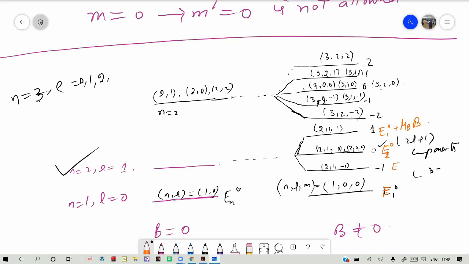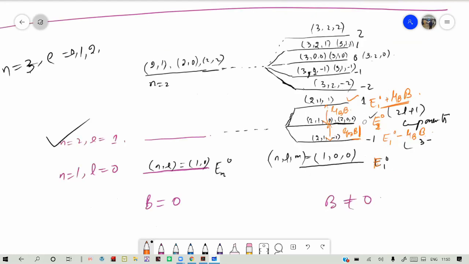The spacing here is mu B B, and this spacing is also mu B B. The energy level here is E10 minus mu B B, this is E10 simply, and this is E10 plus mu B B, because M is plus 1 here.